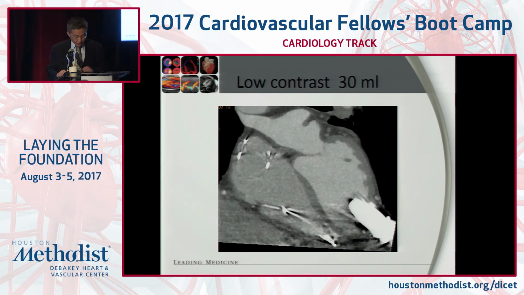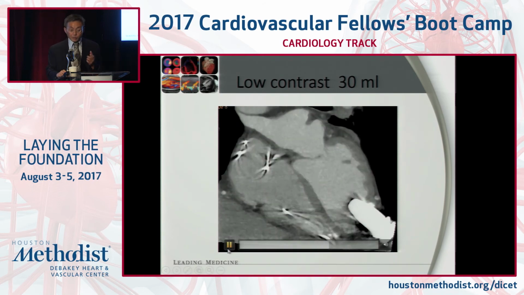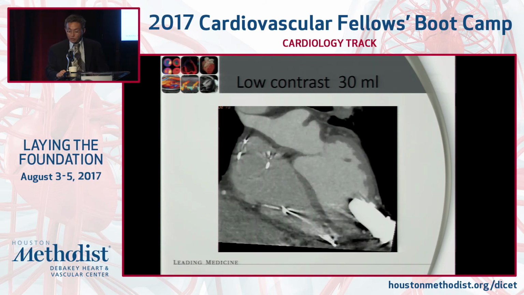So very beneficial, obviously, if you have a patient with renal insufficiency and you need cardiac CT, maybe not for coronary CT, because with this low dose protocol, you might not get enough contrast in the coronary, although it needs to be proven. But for structural heart assessment, this low dose protocol is a reality, meaning if I only want to look at the LV, I probably could get away with 20 cc of contrast.